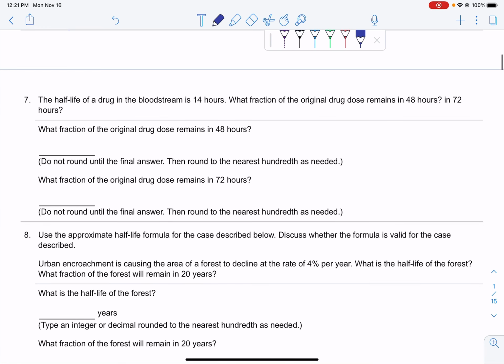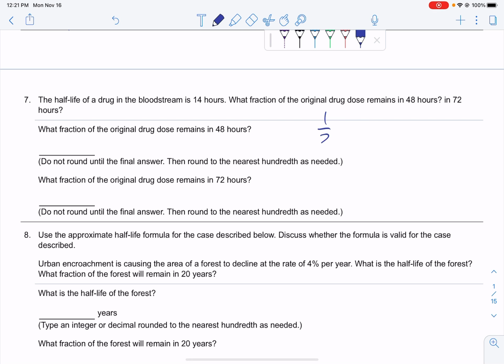Okay, number 7, the half-life of a drug in the bloodstream is 14 hours. What fraction of the original dose remains in 48 hours? So remember, when it says what fraction, it's asking you for the half-life factor. You don't have to actually find the new amount, you just have to find what fraction of the amount.